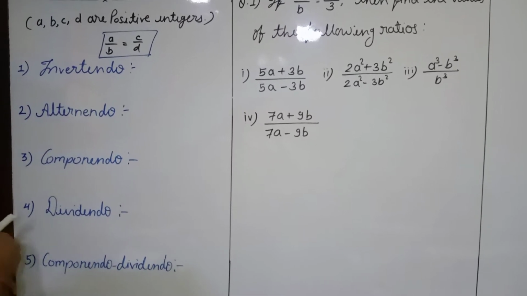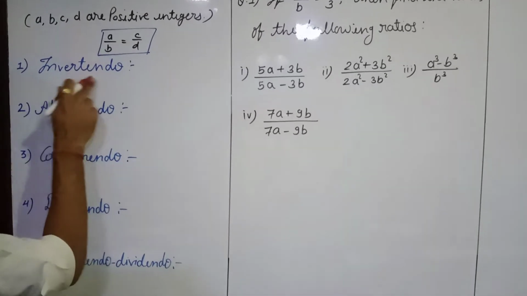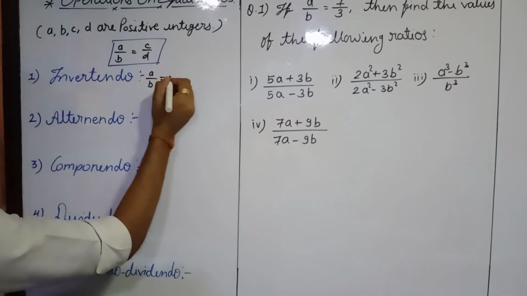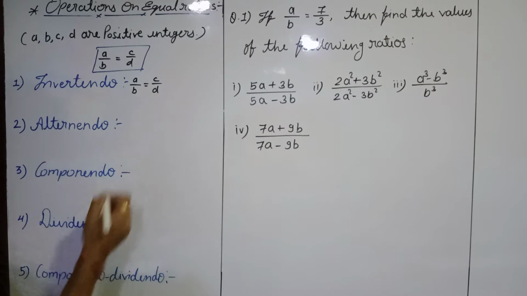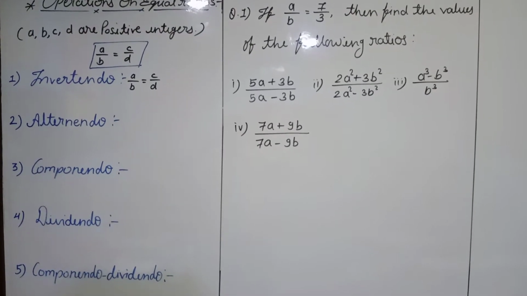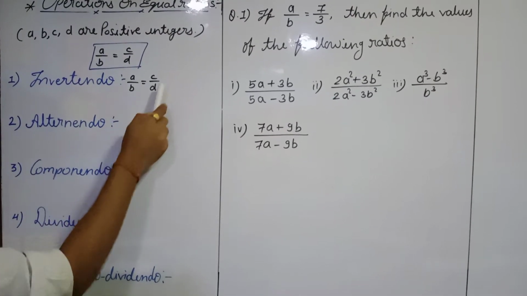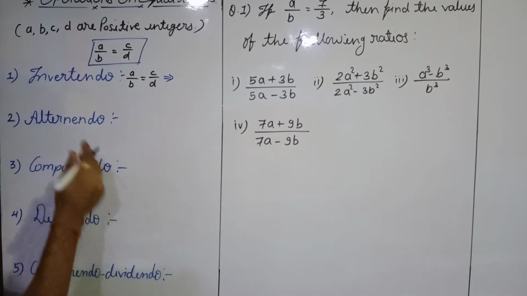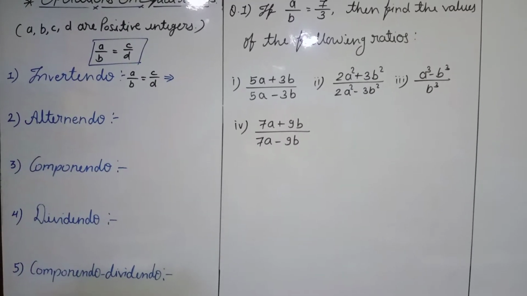In the first one, invertendo, if we have A upon B is equal to C upon D, and all four terms A, B, C and D are positive integers, what change can we make directly by using invertendo?